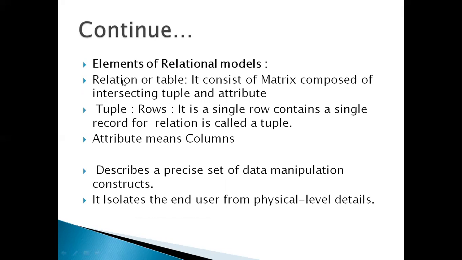Relation or table. It consists of a matrix composed of intersecting tuples and attributes. Relation is also known as table. Tuple. Tuple is also known as row. A single row contains a single record, known as a tuple. Then next, attributes means columns.